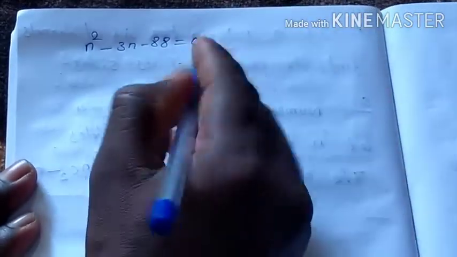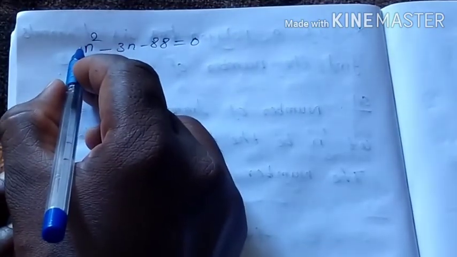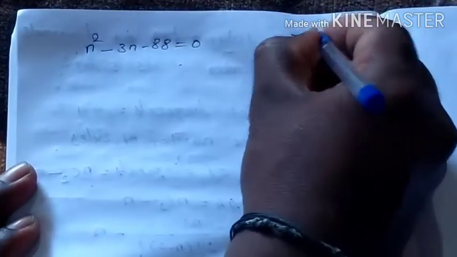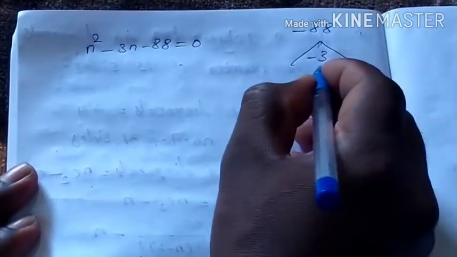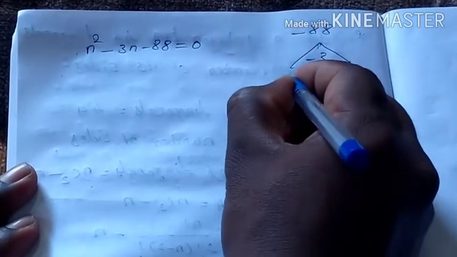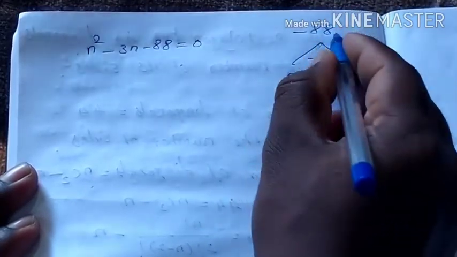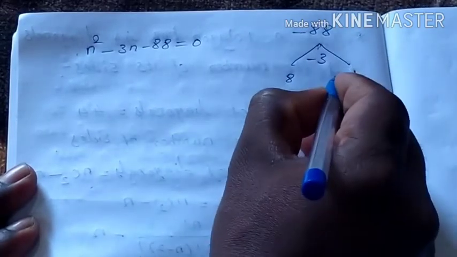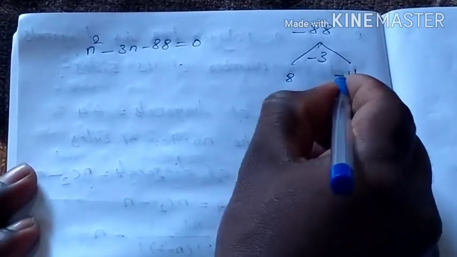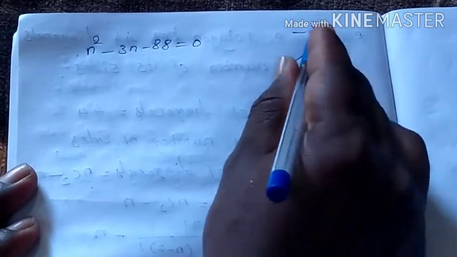Making the factorization, the product is minus 88 and the middle term is minus 3. The numbers are 8 and 11, as 8 times 11 is 88; the greater value gets the minus sign, so 8 minus 11 is minus 3.